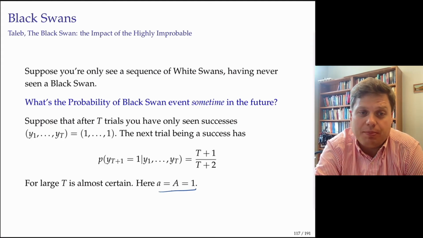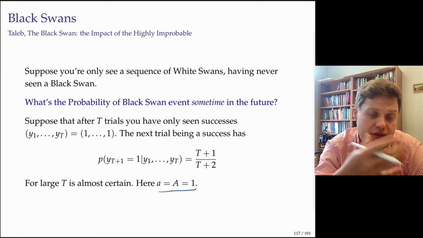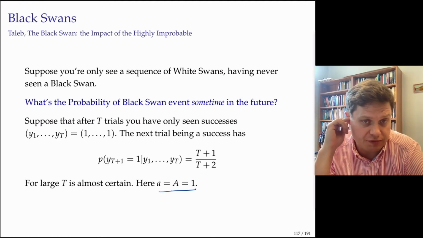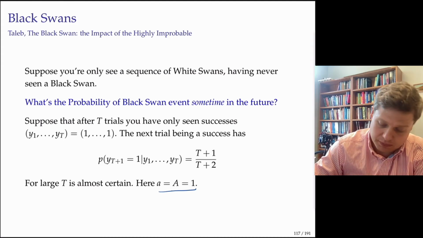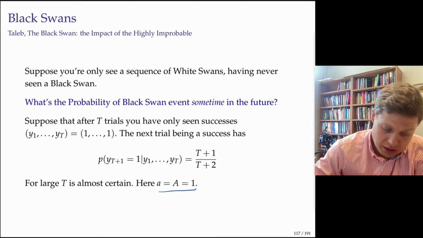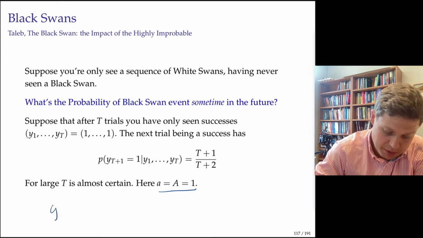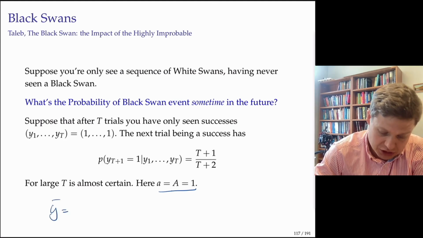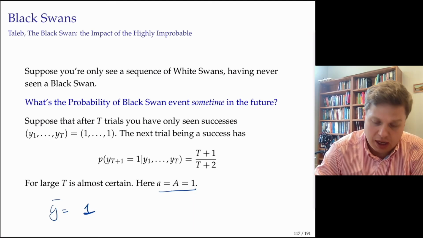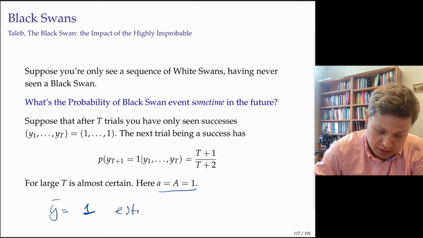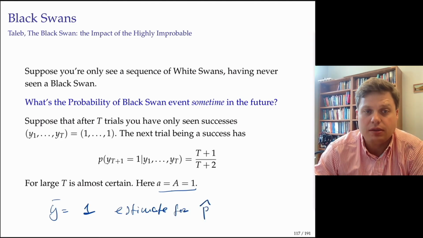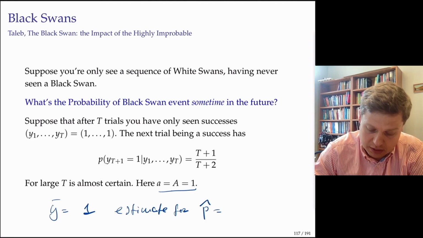And this is one of the differences between the Bayesian approach and the frequentist approach. A frequentist would calculate the y bar, which is just 1, and then the frequentist estimate p hat is going to be just equal to y bar, equal to 1.